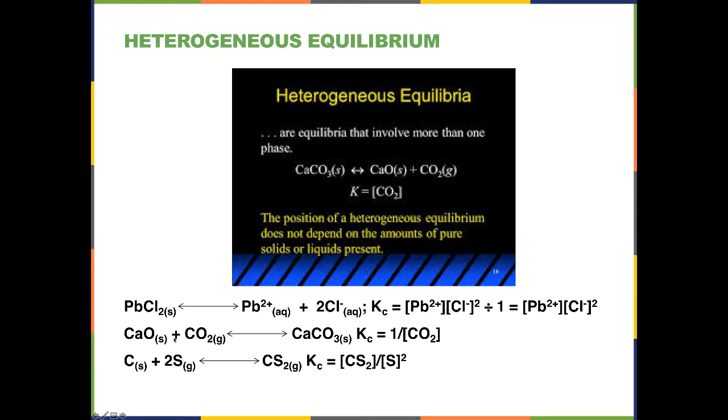So here in the second line, you see that the equilibrium constant is the concentration of carbon dioxide over 1, or just the concentration of carbon dioxide. For lead chloride, forming lead and chloride ions, it's going to be the lead ion times the concentration of chloride ion squared divided by 1, or just that product.